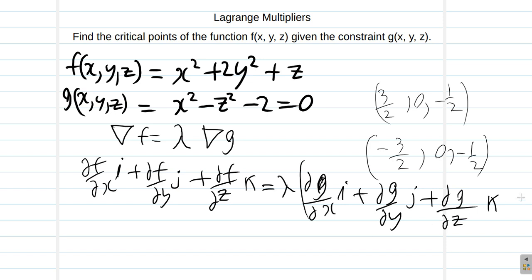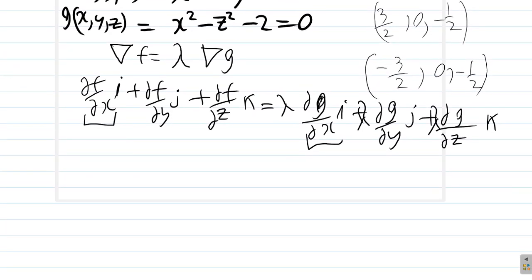If you open the bracket and multiply them, you get lambda this, lambda that, and lambda the other. And you equate the coefficients.